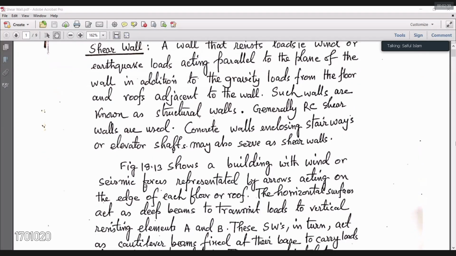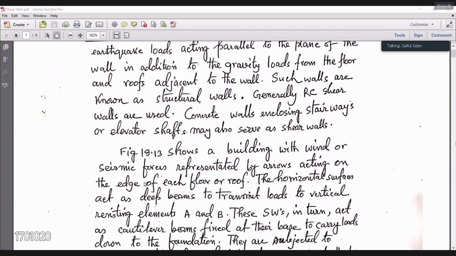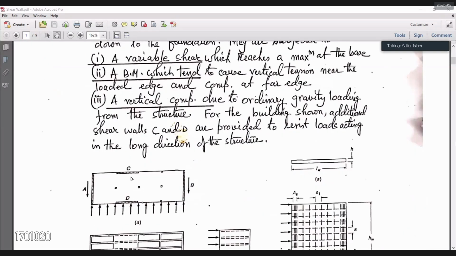Figure 18.13 shows a building with wind or seismic forces represented by the arrows acting on the edges of each floor or roof. We can go to the figure here. This is the plan of a building.